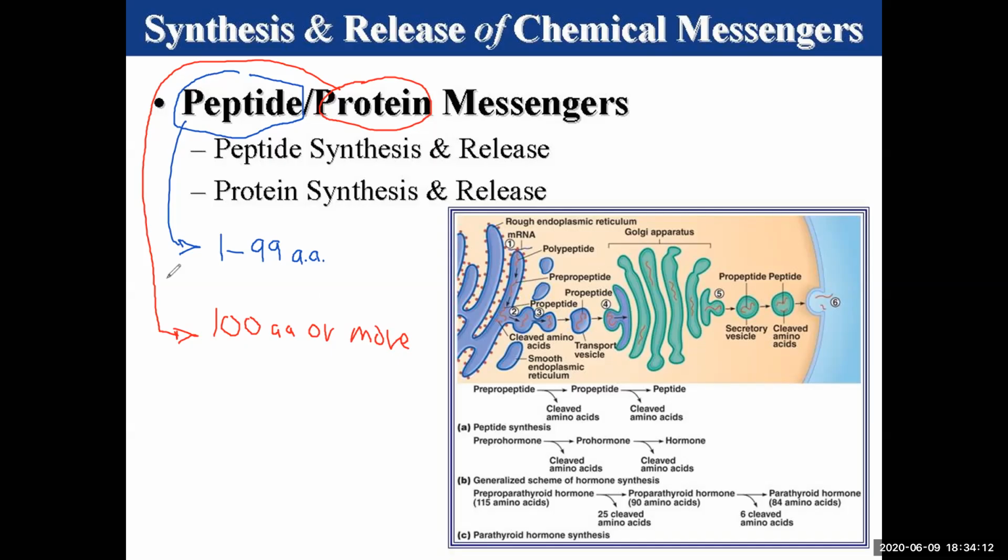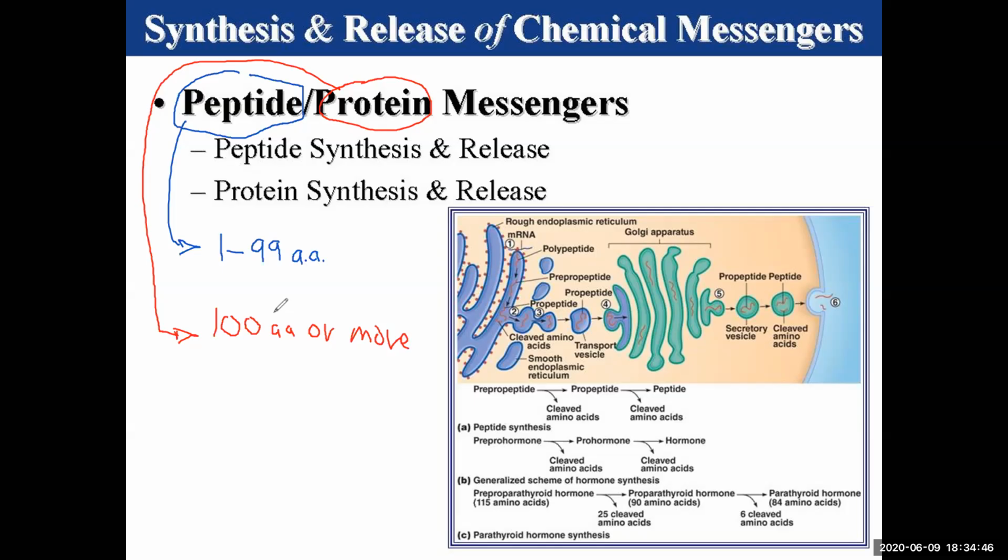This is the convention that we are using, because other medical textbooks will say anywhere from 1 to 29 is a peptide. If it's 30 or more amino acids, it's a protein. But as far as we are concerned in this class with the Stanfield textbook, I don't even know which method the Stanfield textbook relies on, but I am directing you to learn that a peptide is up to 99 amino acids.